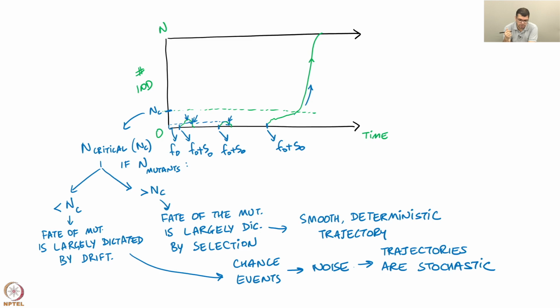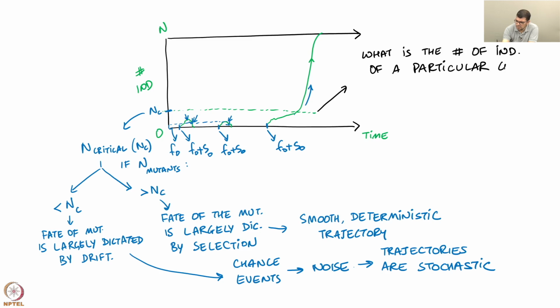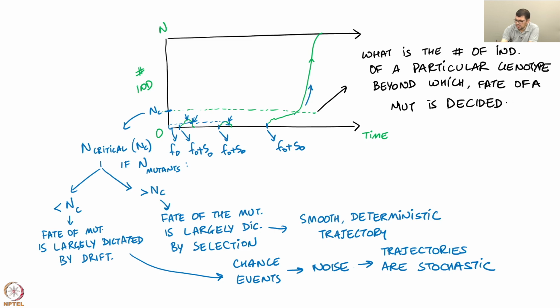So, the second point we want to note is to ask the following question: what is the number of individuals of a particular genotype beyond which the fate of a mutation is decided by selection, and drift can be ignored thereafter?